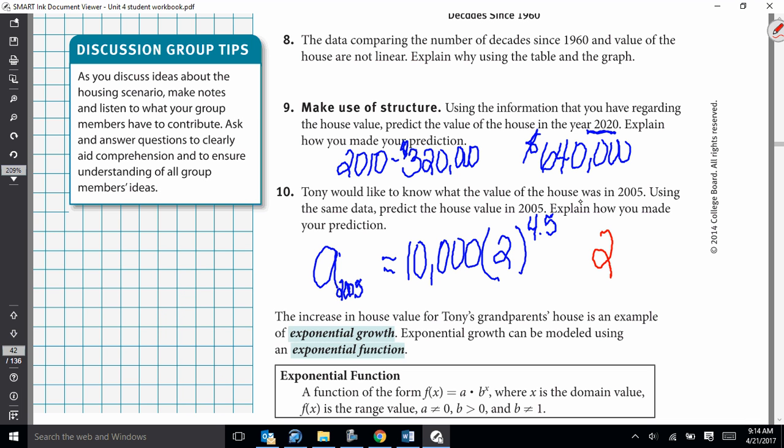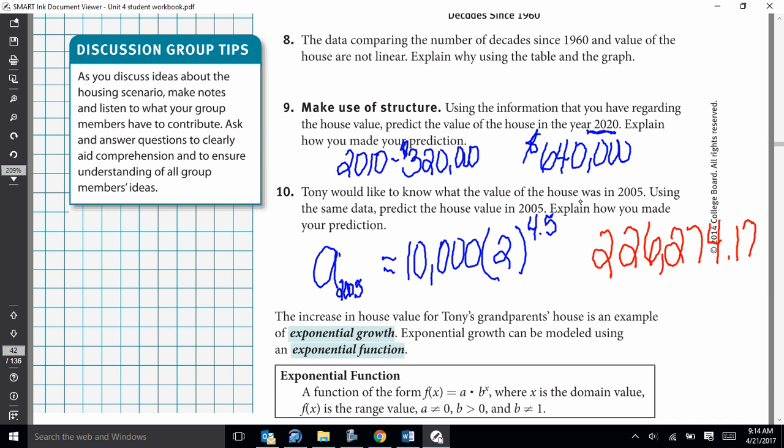So 2 to the 4.5, right? Times 10,000. 226. All right, that looks better. And so that makes sense. So this is a good example of why it's always important to ask, does our answer make sense?